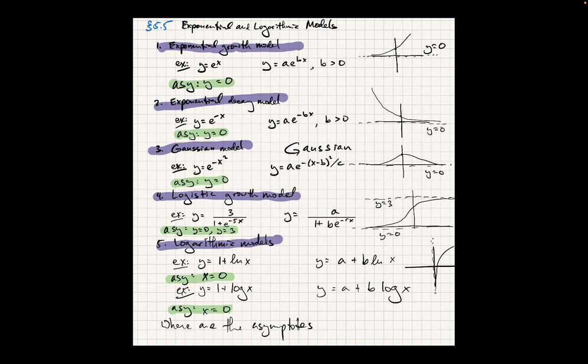There's 4. 1 through 3. If I have 2 horizontal asymptotes, probably which one am I looking at? 4. If I have a vertical asymptote, x equals 0, which ones am I looking at? 5. Some variation of a logarithmic model. Right. So we can see those patterns. All right, let's look at an example.